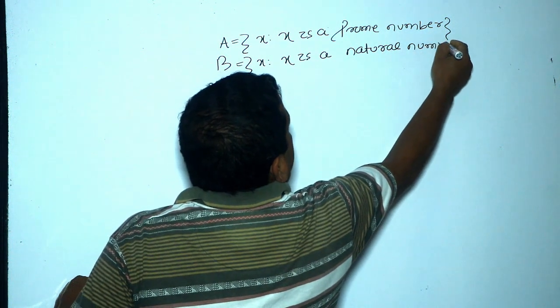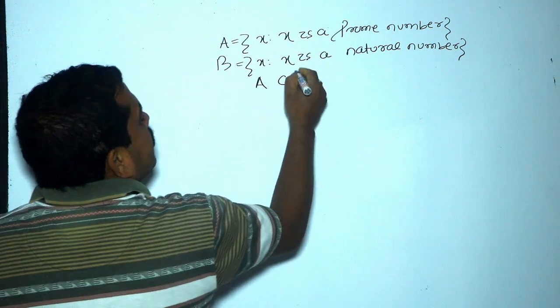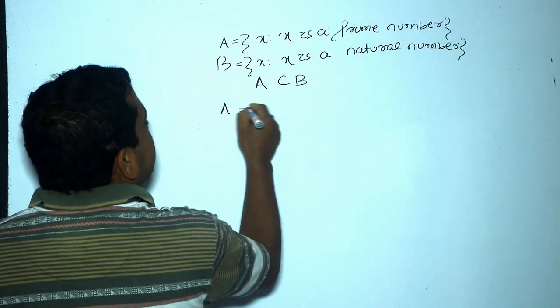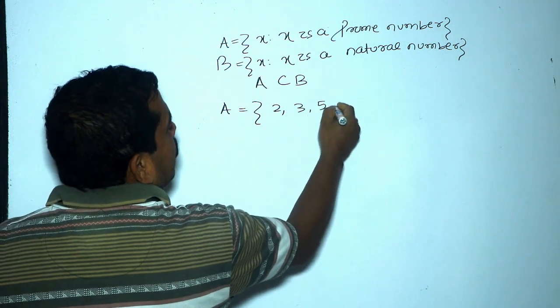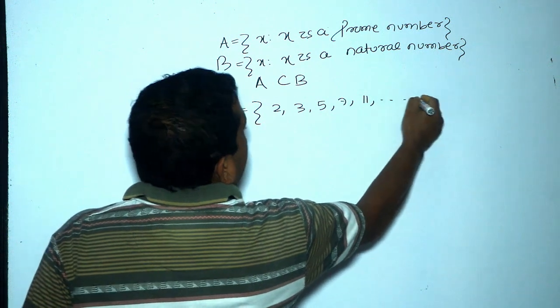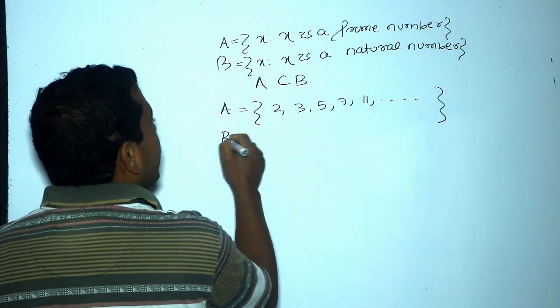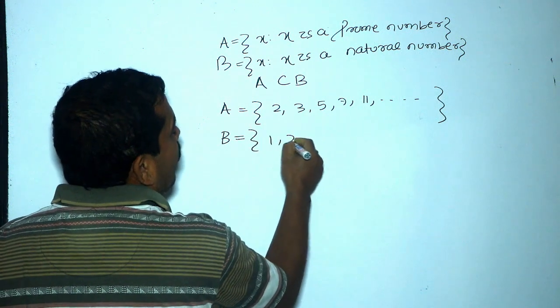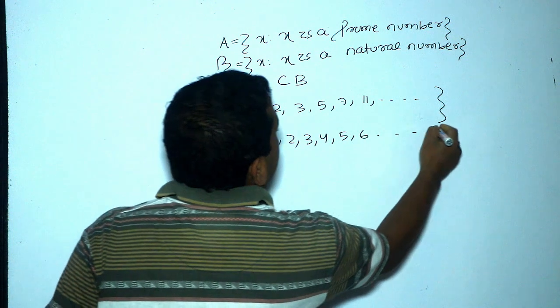Here A is a subset of B. Prime numbers means 2, 3, 5, 7, 11, ... and set B contains all natural numbers 1, 2, 3, 4, 5, 6 like that.